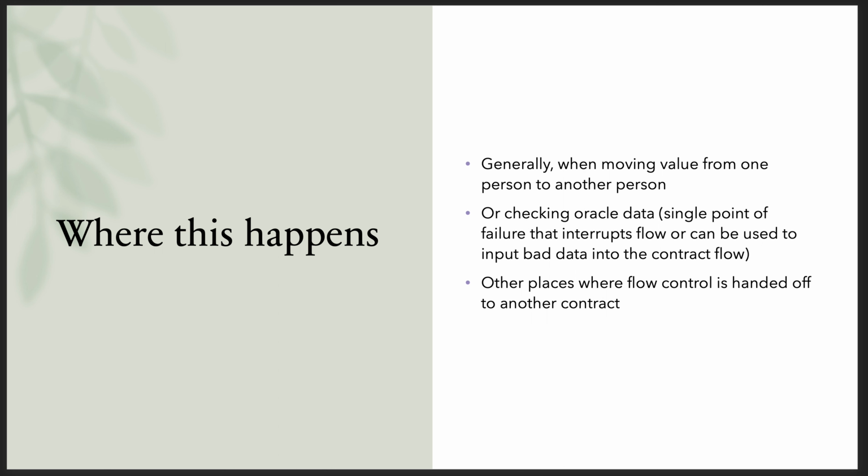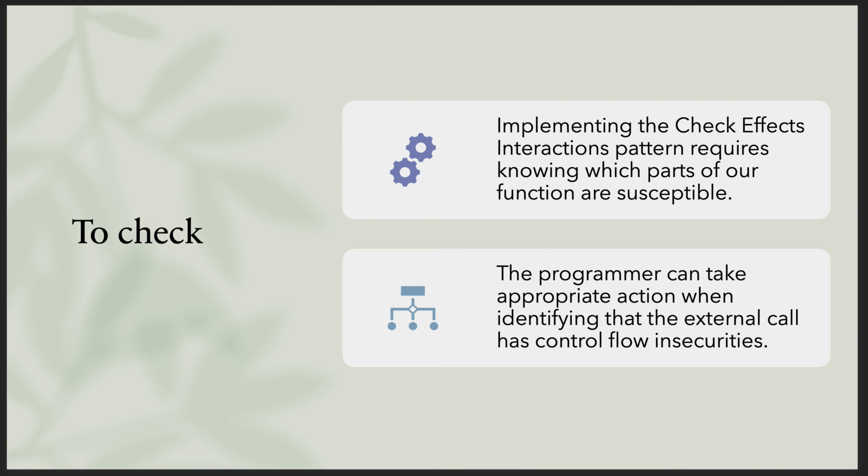You really do want to make sure that wherever you're handing flow off, you know which parts of your function are susceptible to this kind of attack. That's why implementing the checks-effects-interactions pattern requires this as part of the process. So when you get into flow control of your contract, the programmer can take appropriate action when identifying all of the external calls that have control flow insecurities.